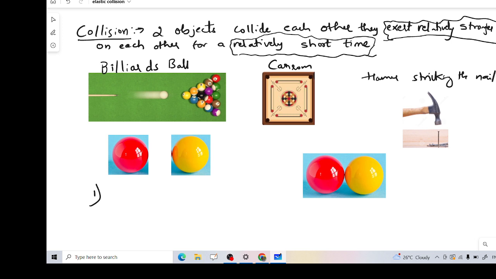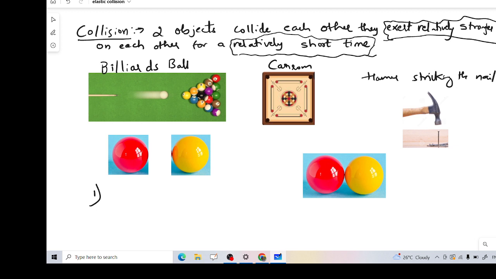An example of a collision is the playing of billiard balls. In this, one ball is hitting another ball. So here the sharing of the forces between the balls occurs.